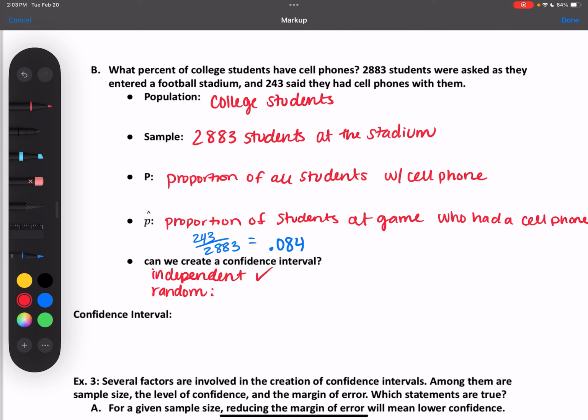It's random in the sense that you don't know who is walking in the stadium. What extra information could make it not random?